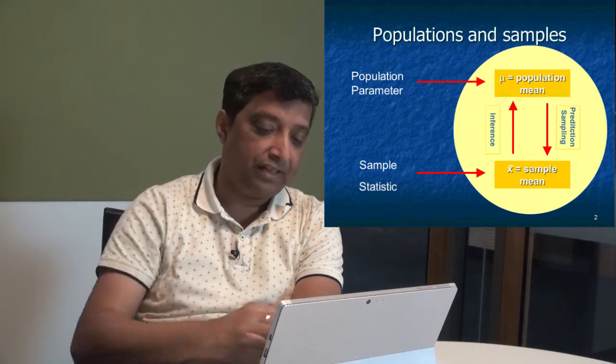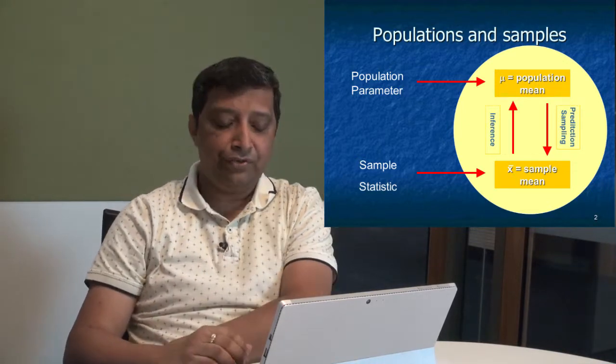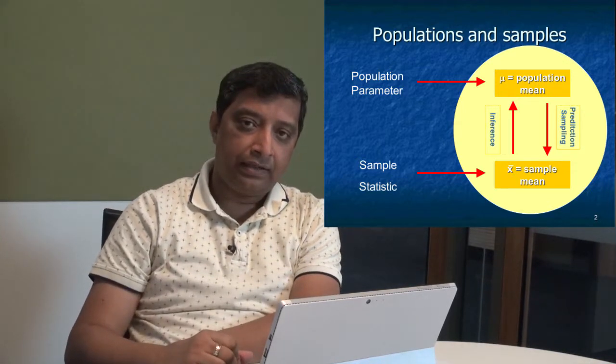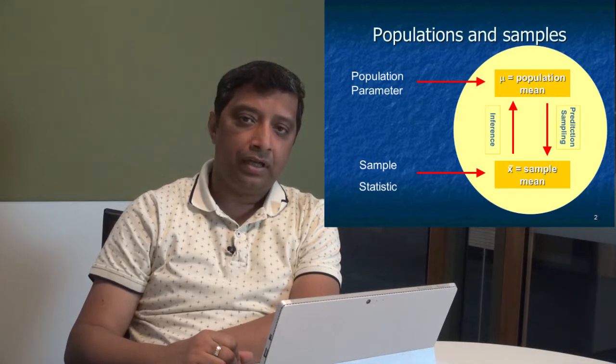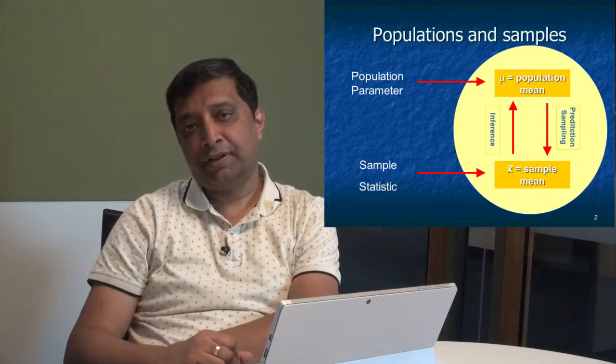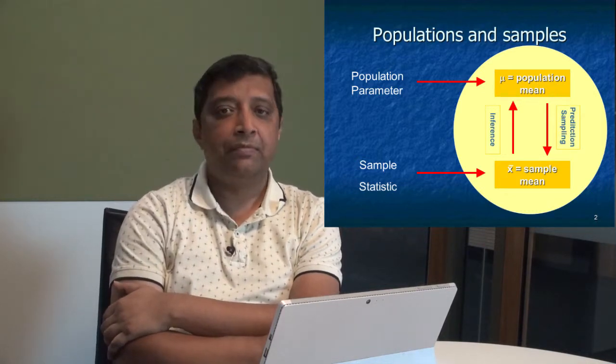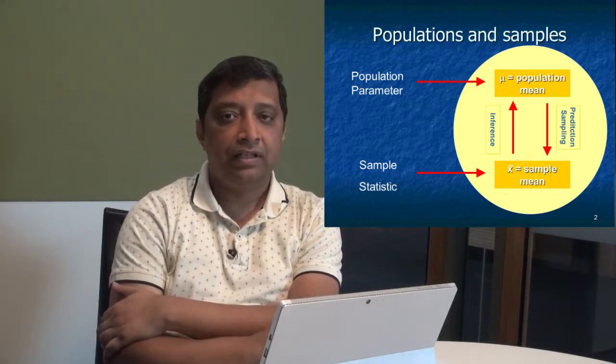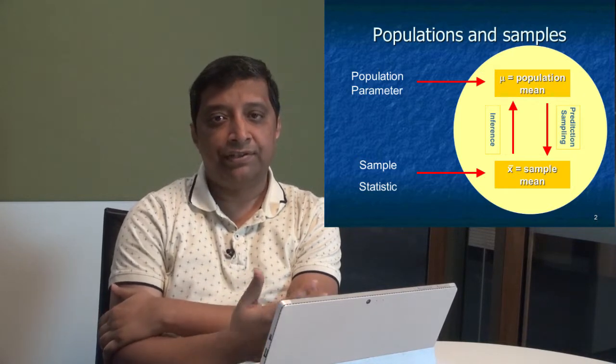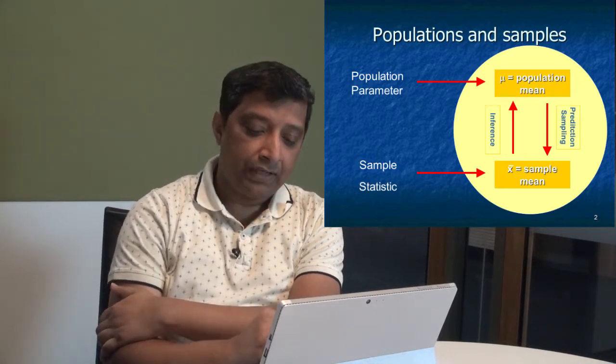In some cases, it could be very costly, for example, or very time-consuming. And I may just choose to pick a sample of students from QUT and try to make a prediction, based on the sample, of what the population's view is about QUT's infrastructure.